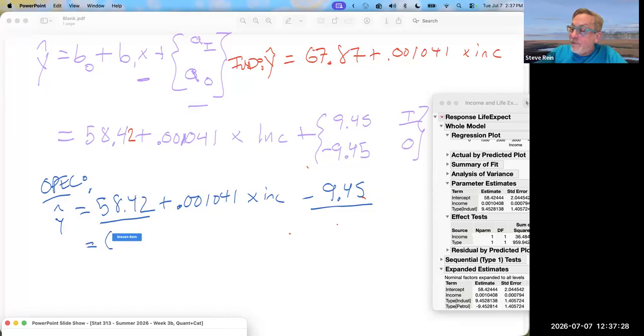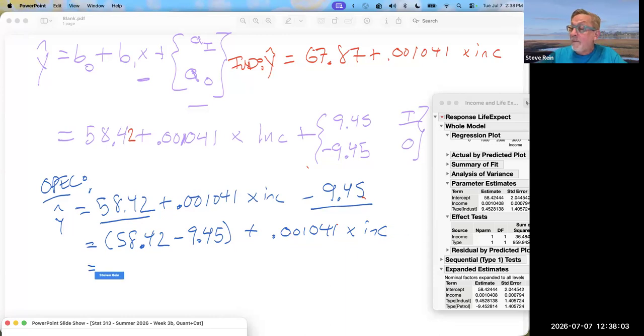I'm going to have, well, 50.4 intercept that corresponds to the no information situation. We don't know whether it's an OPEC or an industrialized country, and we're thinking equally likely to be either of them. So that's the average intercept, if you will. And the OPEC intercept is moved down by 9.45 units from the no information intercept. And I've got 0.001041 times income as my slope times income.